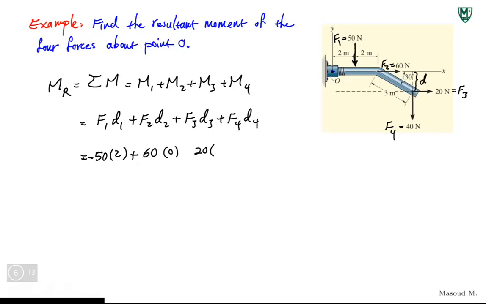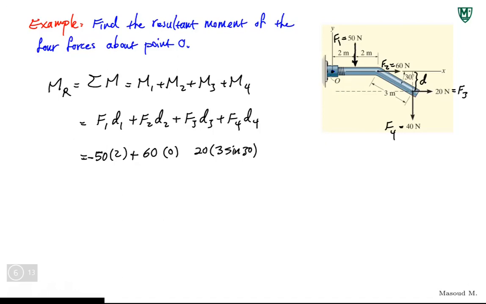But if you're looking at the triangle, sine 30, you're halfway there. There's one more thing that is missing, the distance. We're looking for D. That would be 3 sine 30, right? Exactly. So that would be 3 sine 30.